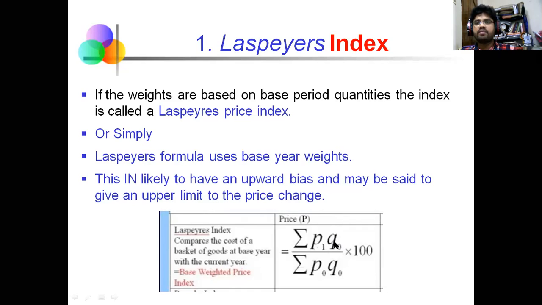As you understood, the Laspeyer formula uses base year weight. Here we consider only base year weight. P1 is the price in the current year, Q0 is the quantity in the base year, and P0 is the price in the base year. Have you understood this concept clearly?